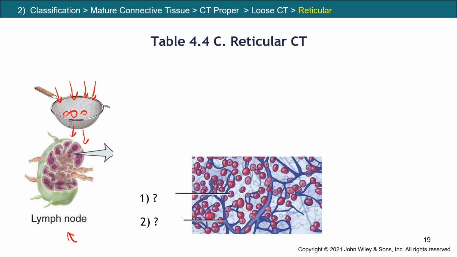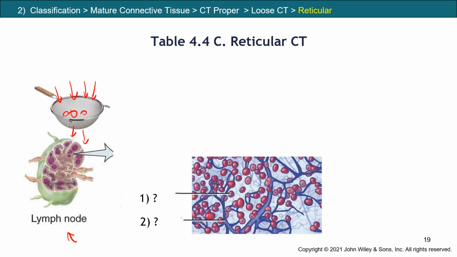You will have all these fibers, these reticular fibers, that are going to filter foreign substances such as cancer cells and infections, and you have a lot of immune cells that are ready to find those foreign substances, infections, and cancer cells, as I said before.